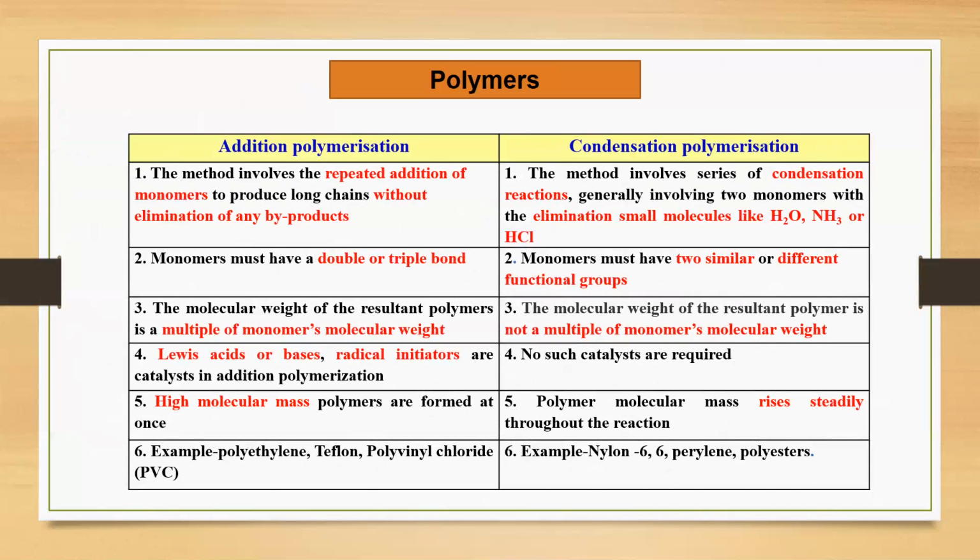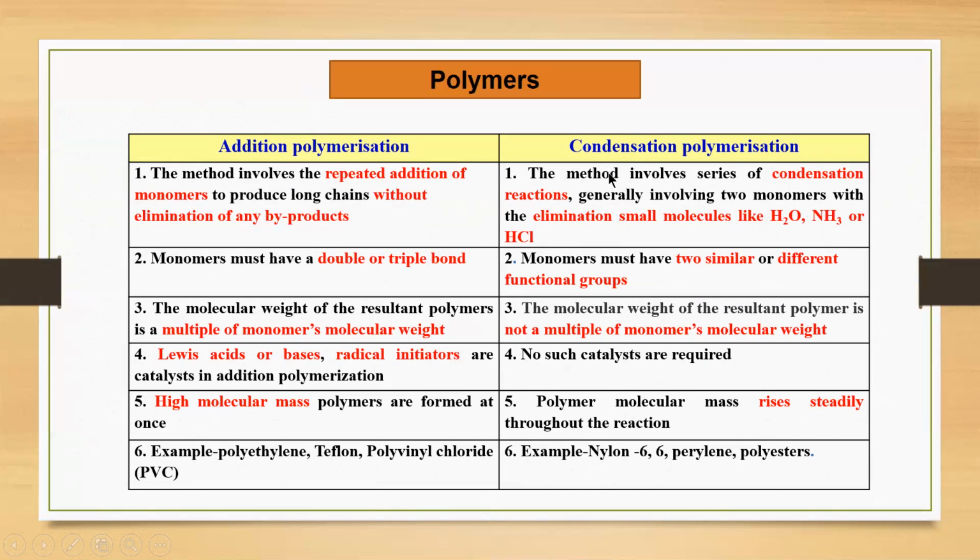So we are now in a position to differentiate addition polymerization from condensation polymerization with a level of understanding. Addition polymerization involves the repeated addition of monomers to produce long chains without elimination of any byproducts.